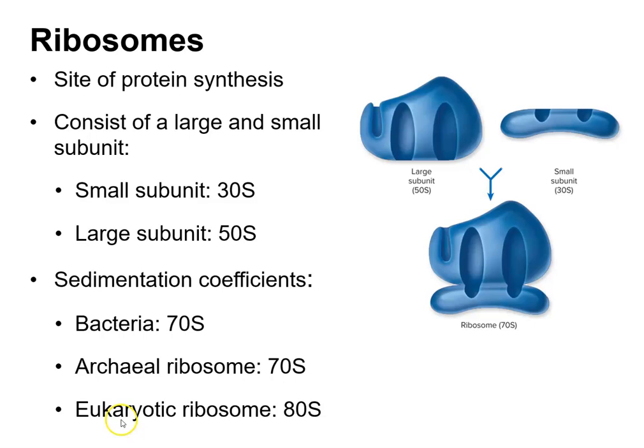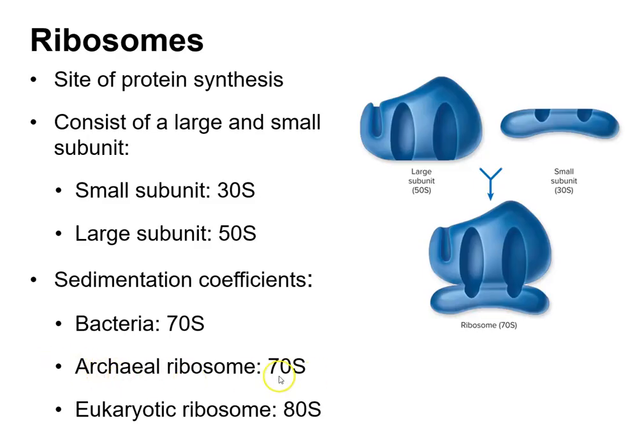If we compare this to eukaryotic ribosomes, they have an 80S. Eukaryotic ribosomes are comprised of a large subunit, which is 60S, and a small subunit, which is 40S, but the two combined together give you an 80S ribosome.